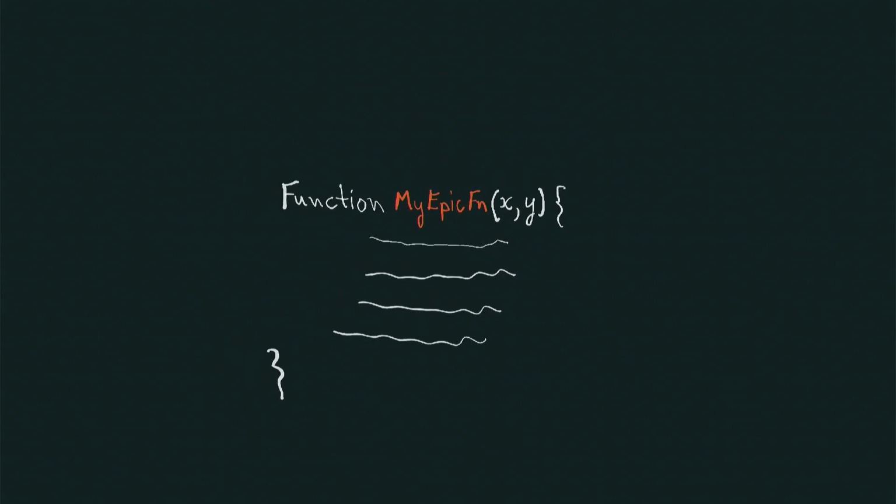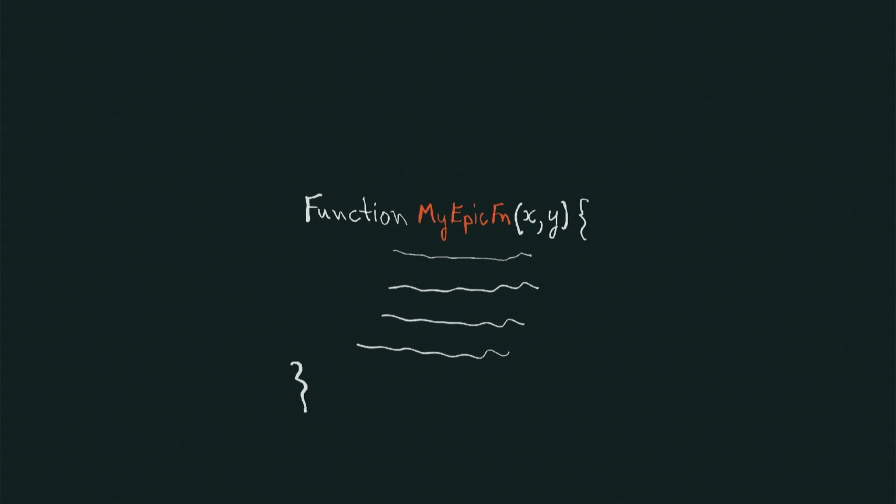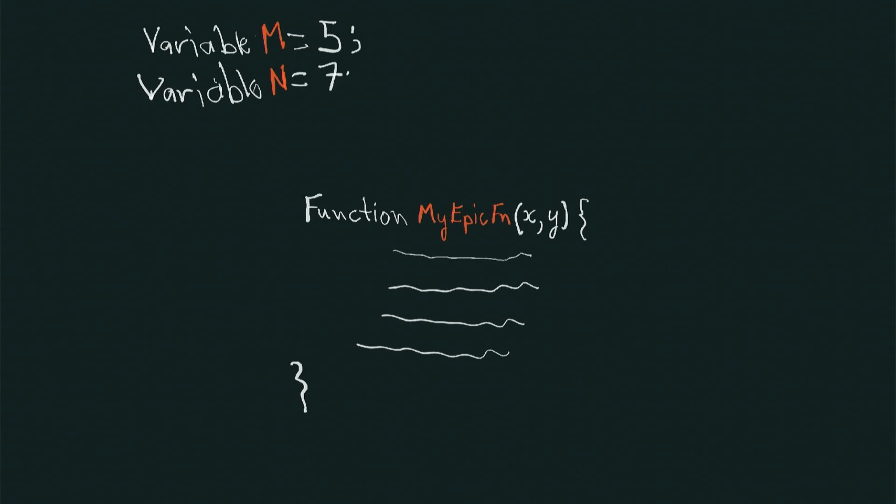And let's say you have a variable right here, maybe the variable m, and it has a value of, let's say, 5. And here we have, let's say, n, and it has a value of 7. Nothing crazy, just variables.